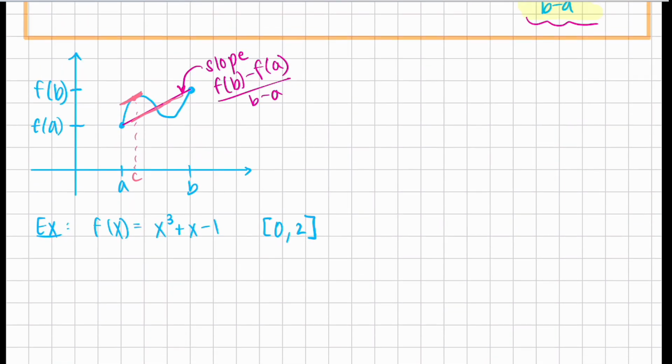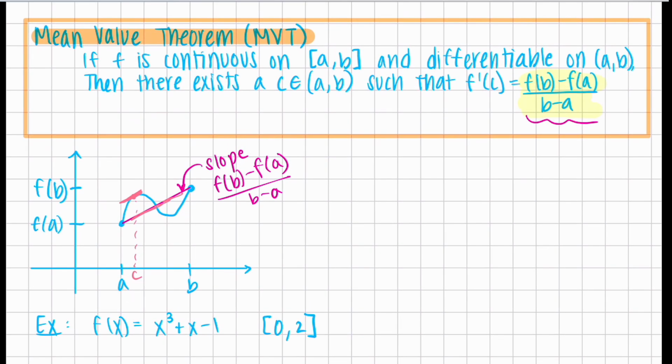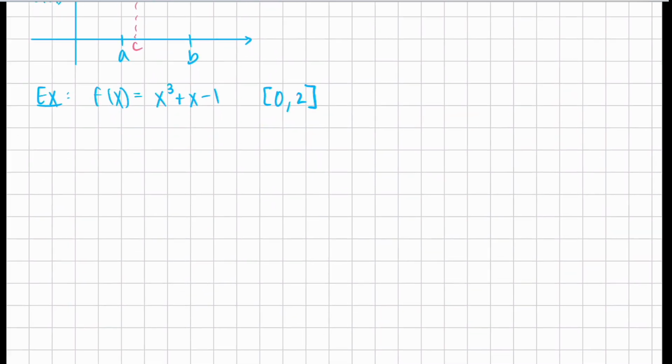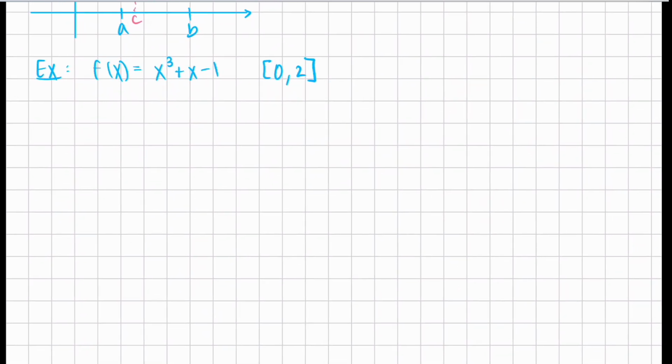Okay, so first thing I want to show is that f is continuous on the interval and differentiable on the open interval. So f of x in my example is a polynomial. Polynomials are continuous and differentiable everywhere. So I'm going to say f is a polynomial.